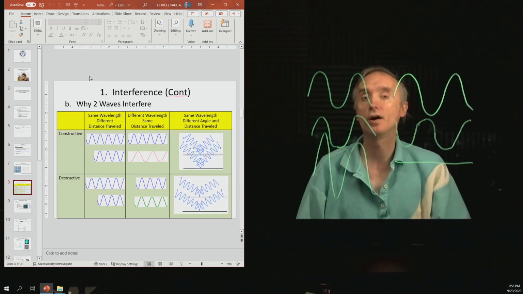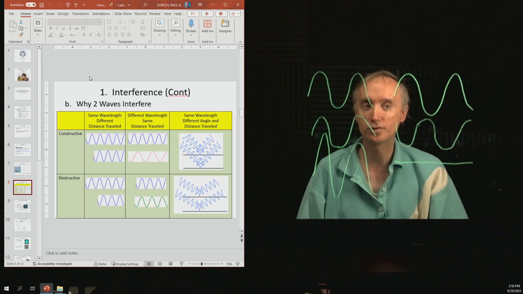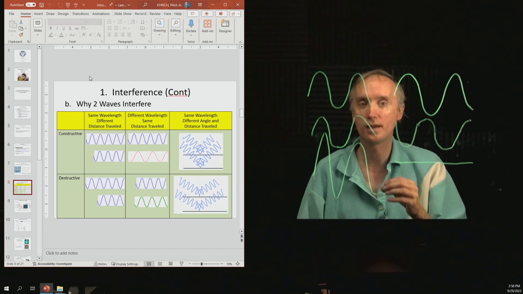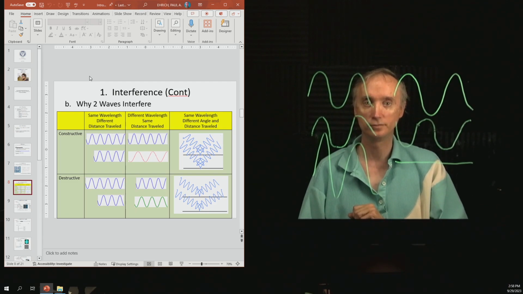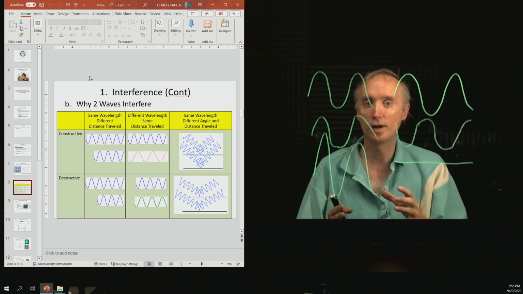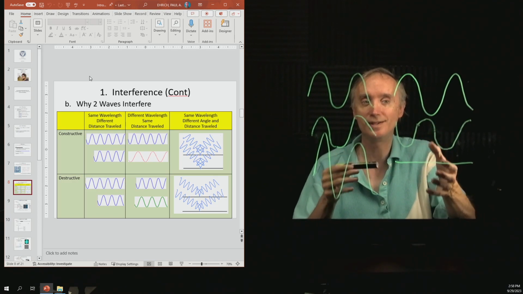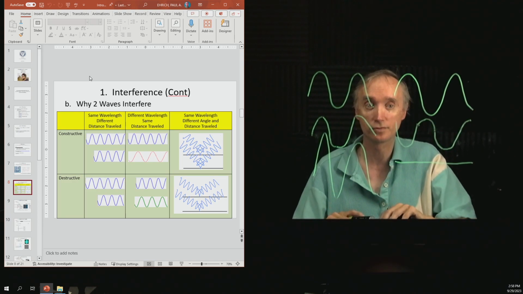Okay, now there are certain circumstances under which constructive and destructive interference occur. So case number one is you've got two waves that are the same wavelength and have the same amplitude, and what we're going to do is change the distance that the light travels.